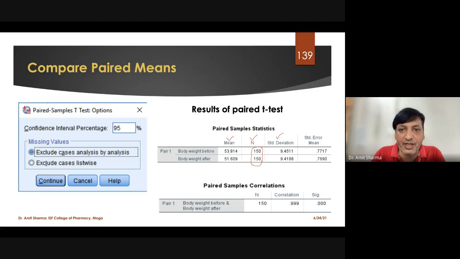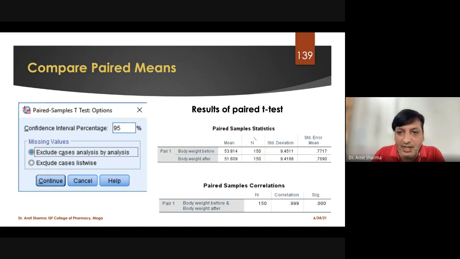A few persons did not complete the course, and you are not able to take their weight. So your reading might not be 150, it might be 146 or 145. So you cannot simply say that the sample size for the paired sample statistics was 150. You have to mention the sample size before and the sample size after. Both will be quoted. That is important in case of this particular test.